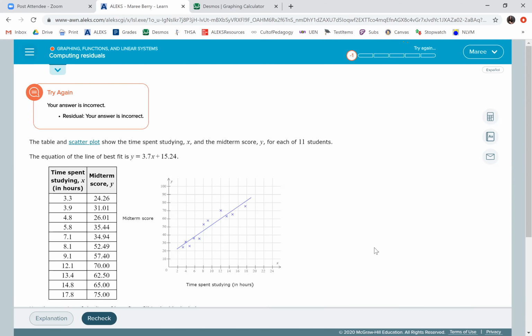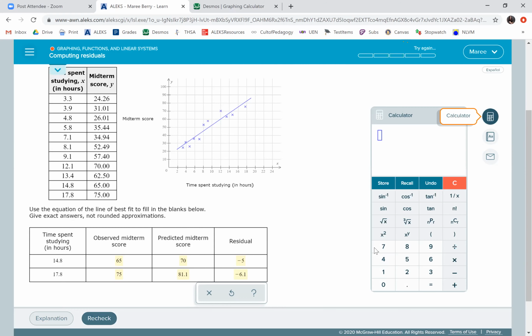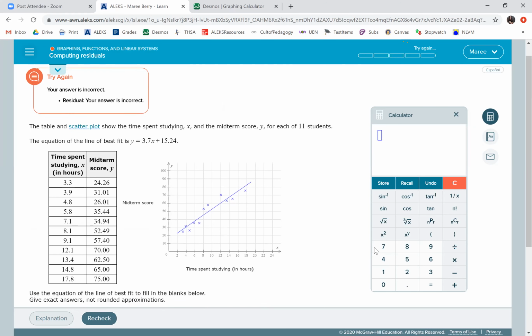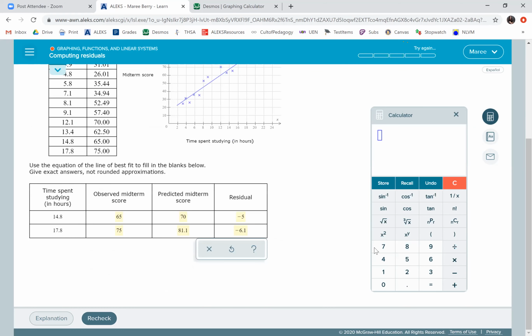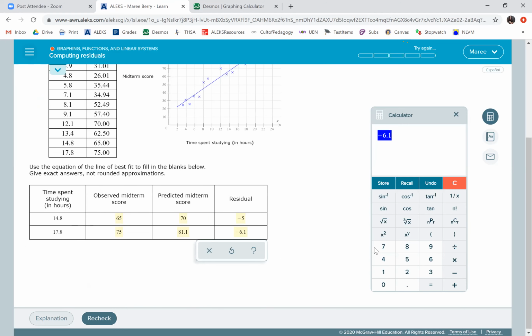So it says your answer is incorrect. Okay, so it's probably because, wait, the residual, so 65 minus 70, negative 5, 75 minus 81.1. Oh, no. Huh. It said residual, predicted.